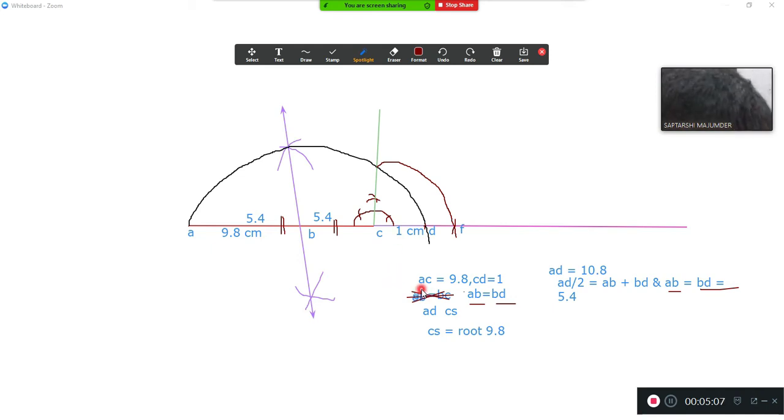Where you have C, you have taken AC equals to 9.8. That means A to C, the whole length is 9.8, because I have taken it and then make it 1 centimeter, and then I am making it divided, then it is coming 5.4 and 5.4, because this 9.8 plus 1 is 10.8, and I am dividing 10.8 by 2, I am getting 5.4 each.